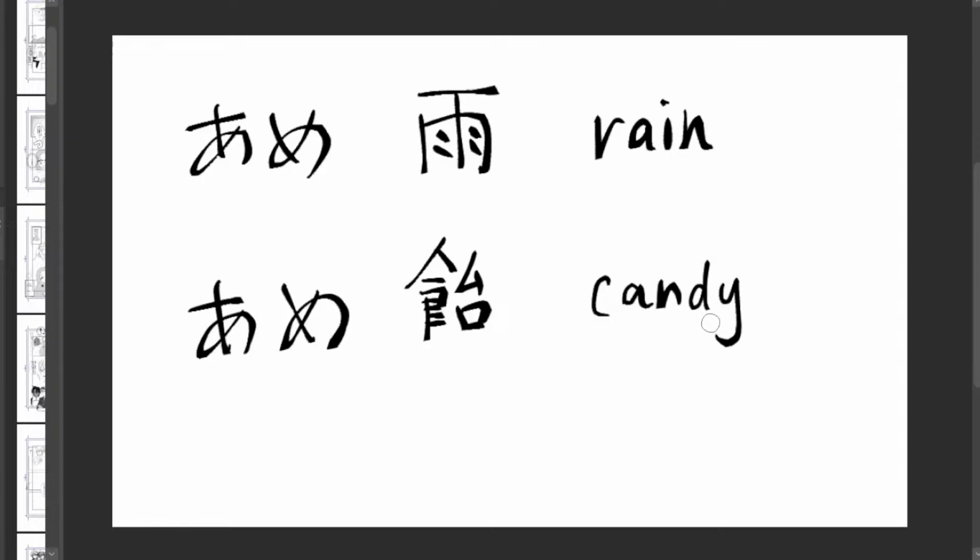And in the Japanese language, you have so many words that sound the same. Sometimes even the same intonation. I said before that this is how you differentiate the two ame, whether you say it as ame or ame.